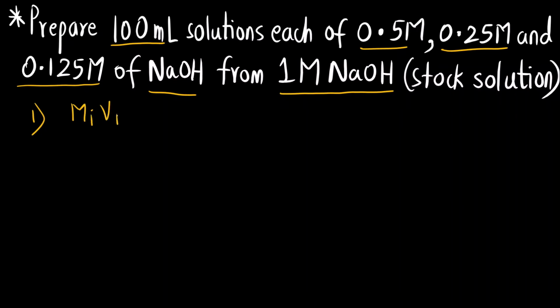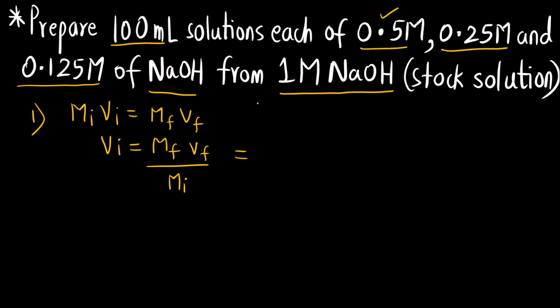MiVi is equal to MfVf. First we have to see how much stock solution we will require, that is Vi, the initial volume of the stock solution that we have to calculate. So Vi is Mf into Vf divided by Mi. First we are preparing 100 ml of 0.5 molar solution.